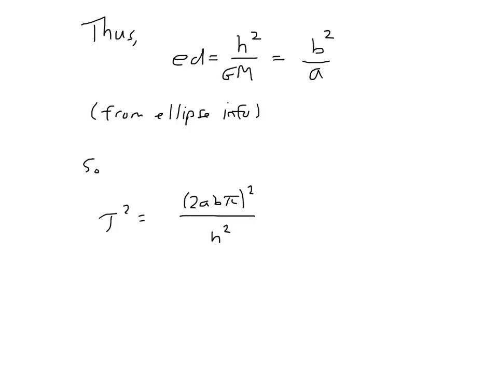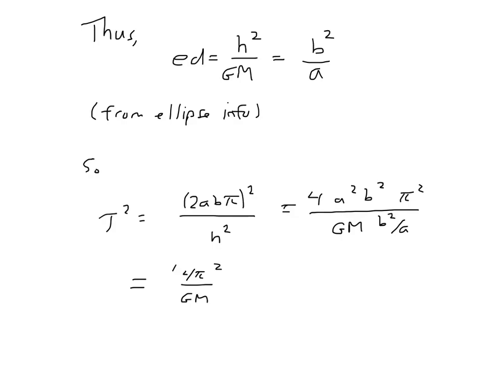And now go ahead and square that out, and then replace the h squared here, and simplify, and you get that this is 4 pi squared over GM times a cubed, which is exactly what we were looking for. The square of the period is proportional to the length of the major axis cubed. And that completes the proofs of Kepler's laws.